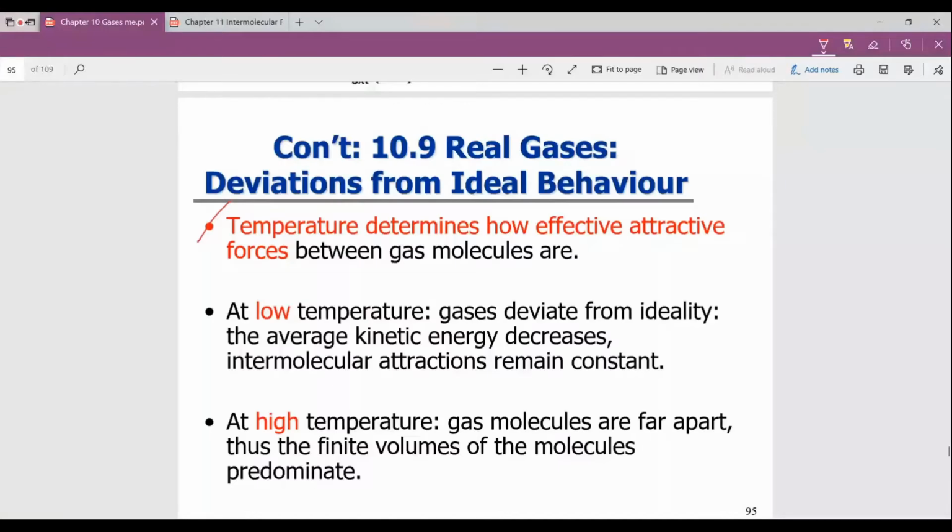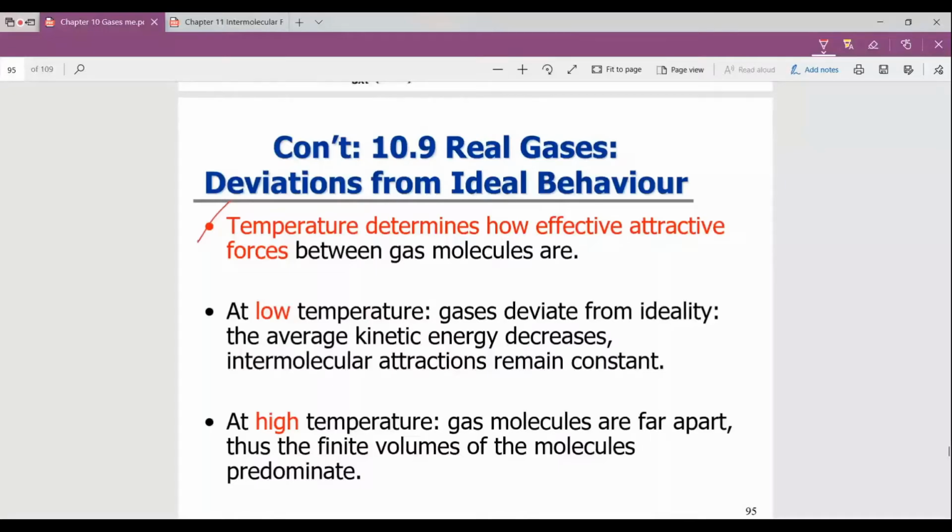At low temperature, the gas deviates from the ideal because the average kinetic energy decreases. The molecules move very slowly, and potential energy will dominate at low temperature.